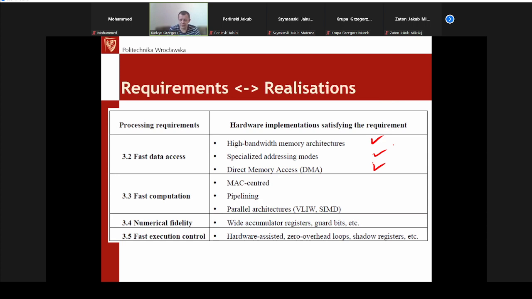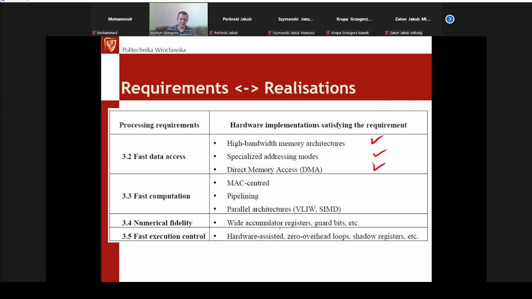About the specialized addressing modes in a moment, because there are a couple of addressing modes really extra available here in various DSPs and smaller DSCs. As I mentioned, they play an important role.